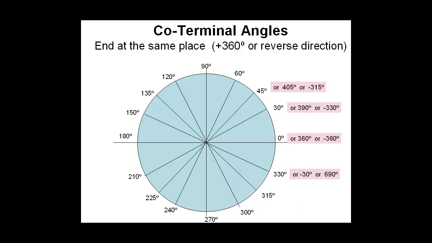And then 315, add 360 or subtract 360. Subtracting is negative 45, adding is 675. 300, adding is 660, subtracting is negative 60. So you're going to add and subtract 360 degrees to get coterminal, which means it ends at the same place.